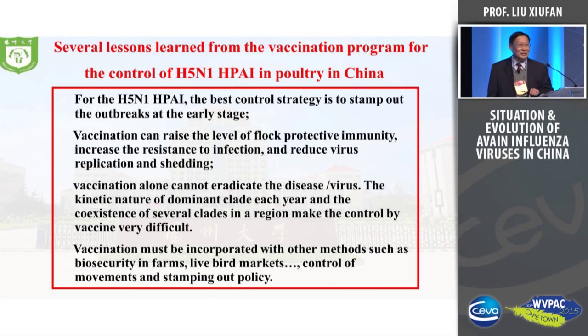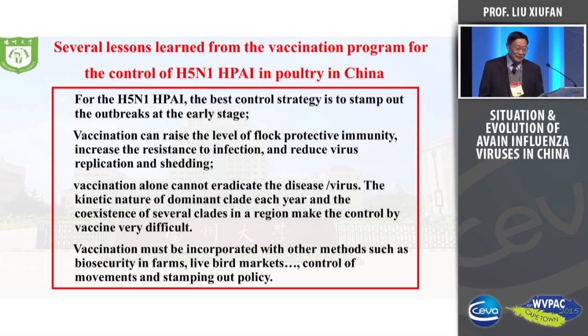Second, vaccination can raise the level of protective immunity, increase the resistance to infection, and reduce virus replication and shedding. But vaccination alone cannot eradicate the disease and the virus.